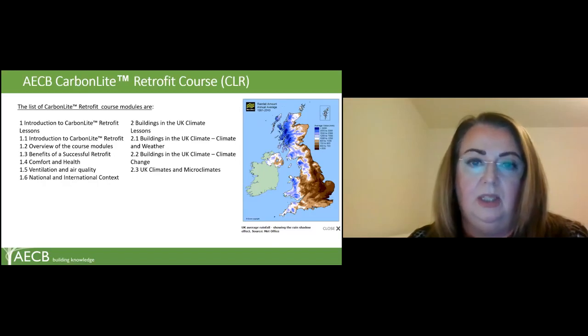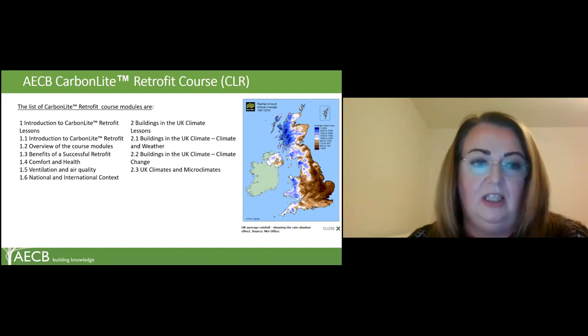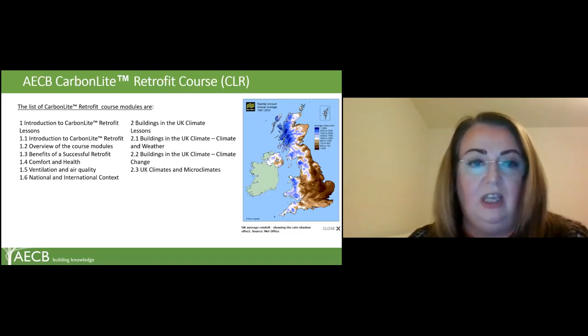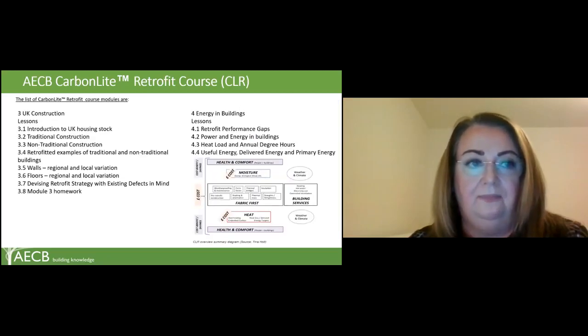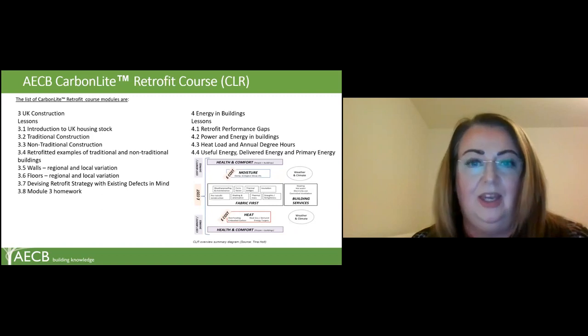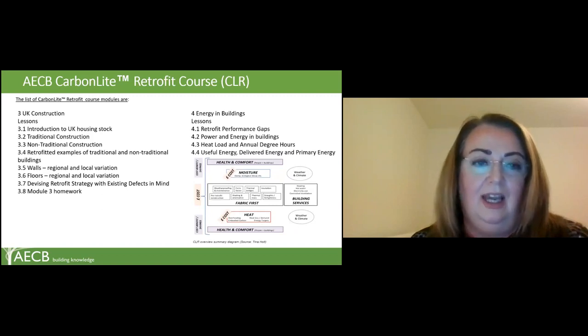So, as Alex just mentioned earlier, one building in a street can be very, very different from the one at the end of the street, or in how it's actually been occupied or renovated during its lifetime. The other lessons that we have is we look into all different types of construction. Obviously, in the UK we have very colloquial ways of building.